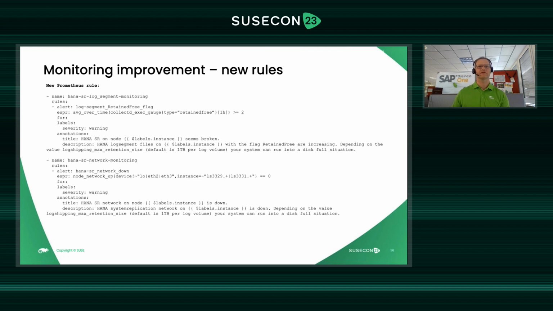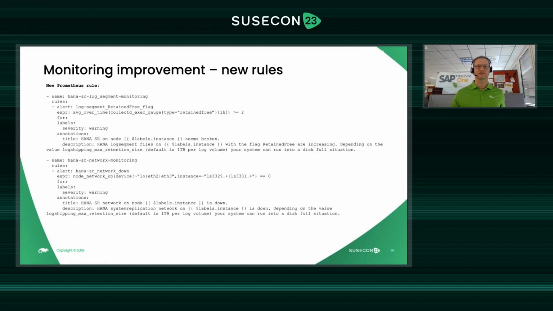First of all, they have created a special alert rule for the system application network. So they look for devices, excluding the local ones, 8H2 and 8H3, just to cover the interface which is responsible for the HANA system application network, and use this rule for the special hosts which are involved.